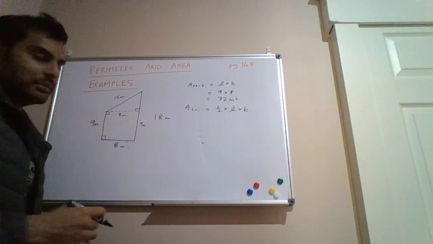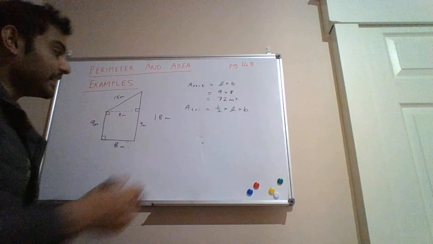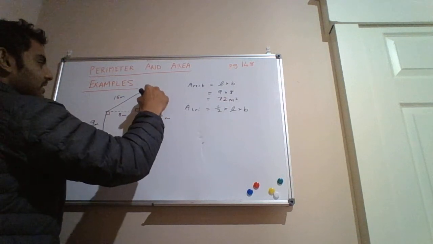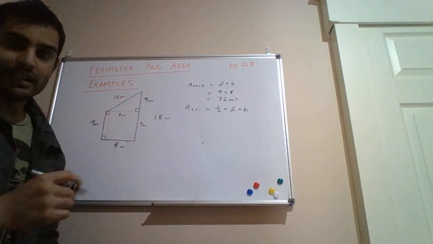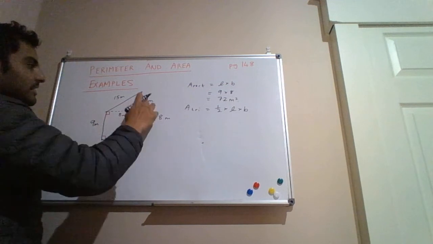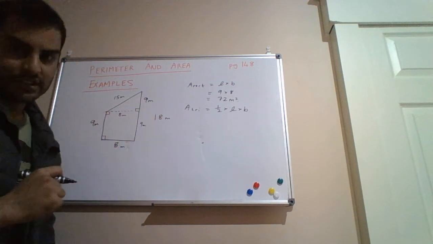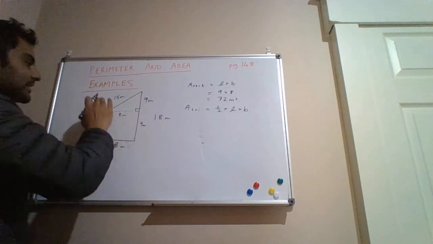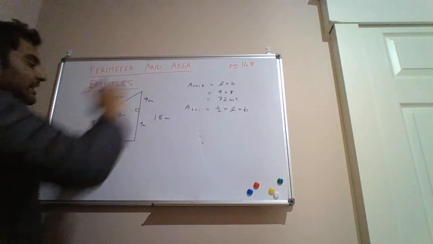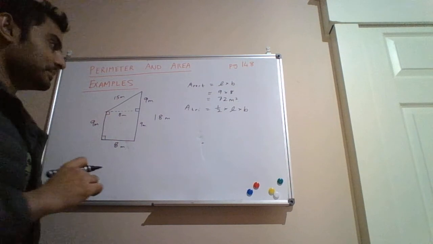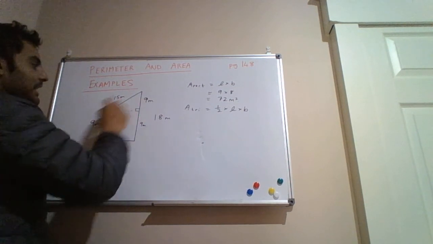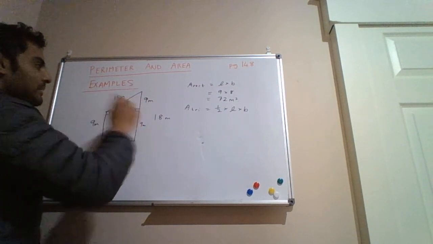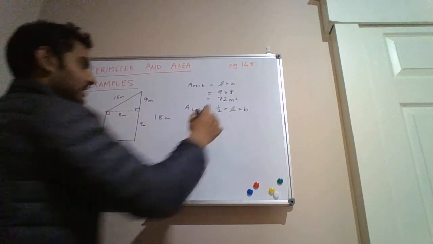So therefore the missing piece is going to be 18 minus 9, which is 9 meters. And we can check that yes, 9 plus 9 gives us 18 meters. So we just do the length of the long side minus the length of the short side, and we get that little bit that's missing. So now we have a right angle triangle with a base of 8 meters and a height of 9 meters.